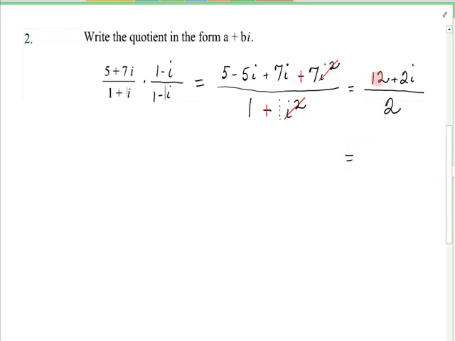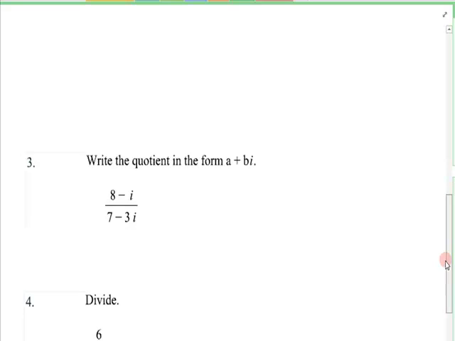I can reduce, dividing 2 into both of those. That gives me 6 plus i. I divided there, and then I turned around and divided there. You will always get a real denominator because you're using conjugates.